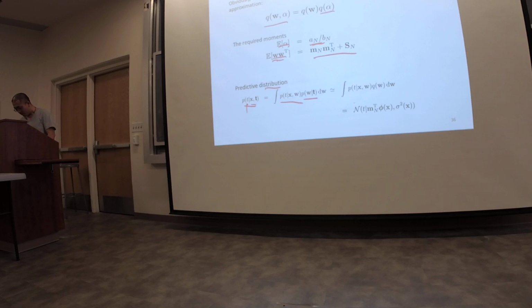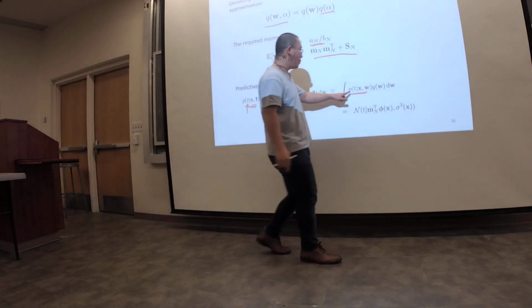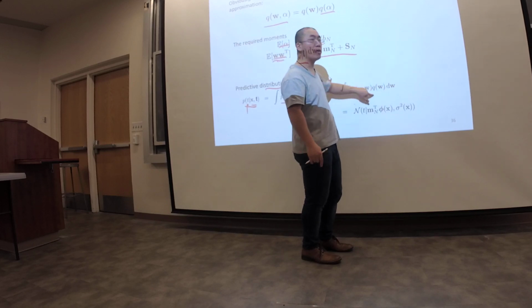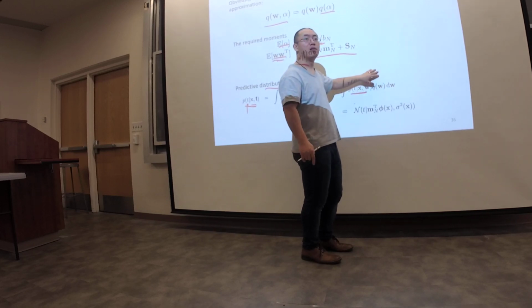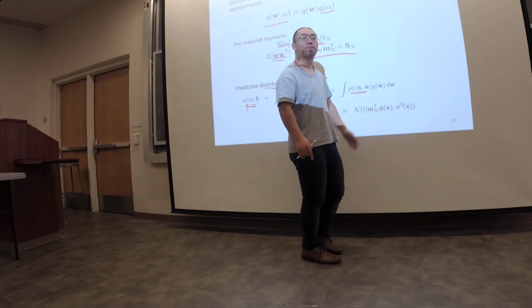Given any test input, the likelihood P of t given x and W is a Gaussian, and the posterior approximation is a Gaussian. So we multiply them together, and you still end up with a Gaussian. So it's pretty straightforward to compute.